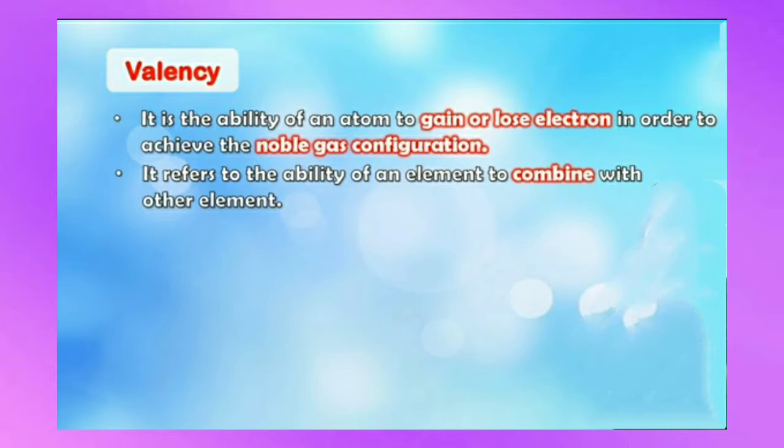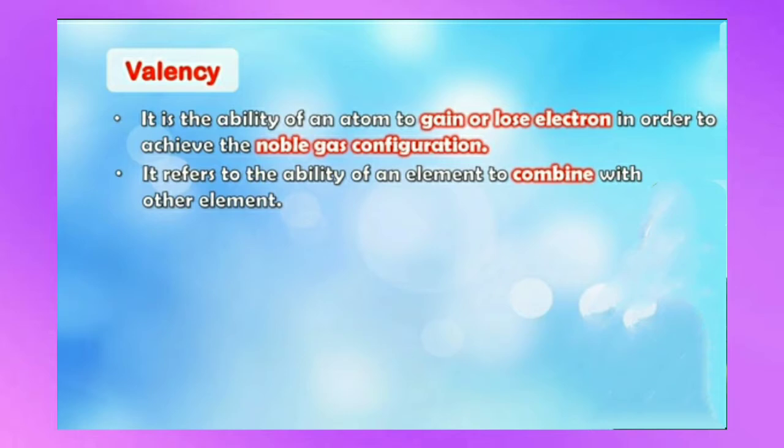So all the elements, okay, they want to attain stability. For that, either they lose electron or they gain electron. So the ability of an atom to gain or lose electron in order to achieve the noble gas configuration is called valency.